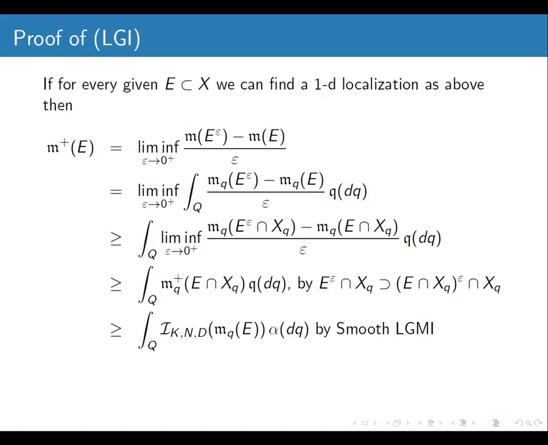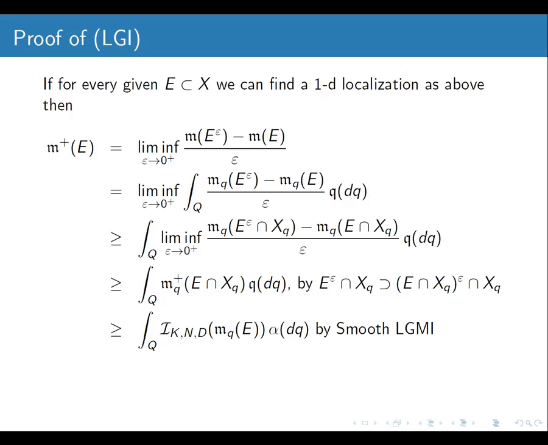So this would be the Minkowski content of a one-dimensional metric measure space, still verifying the same curvature bound. So this will be, by the sharp Levy-Gromov-Milman inequality, bigger than this capital function I depending on k, n, and d, evaluated on the measure of the total set.